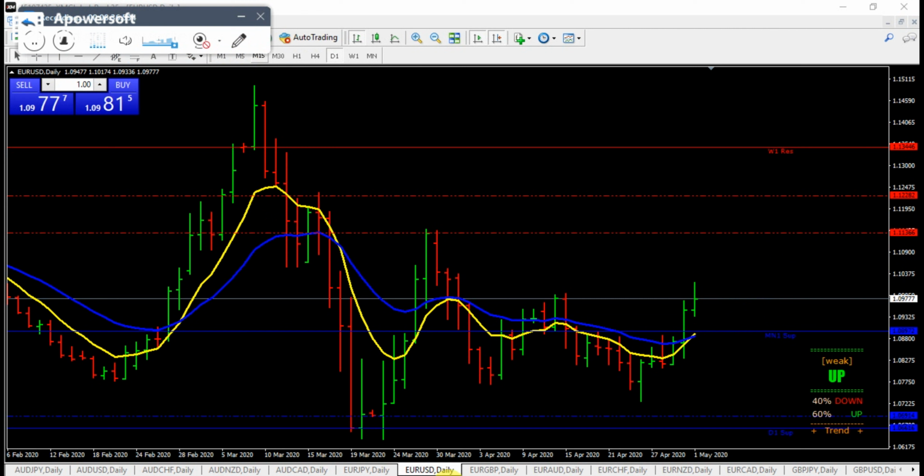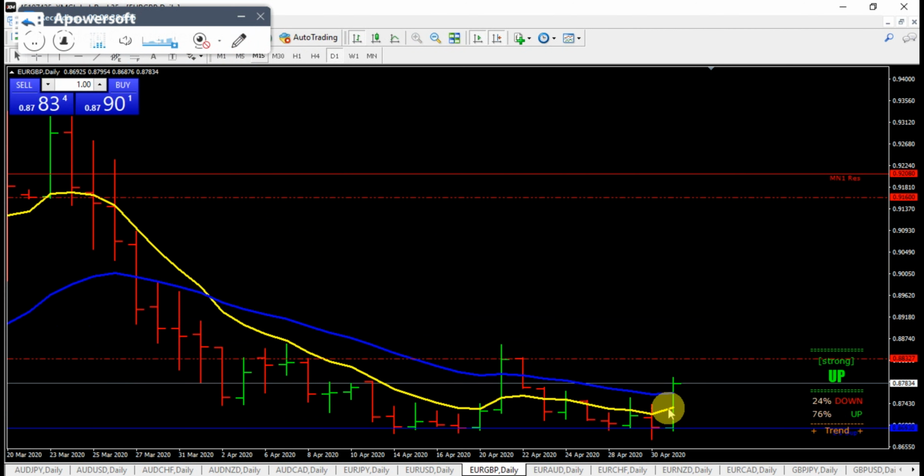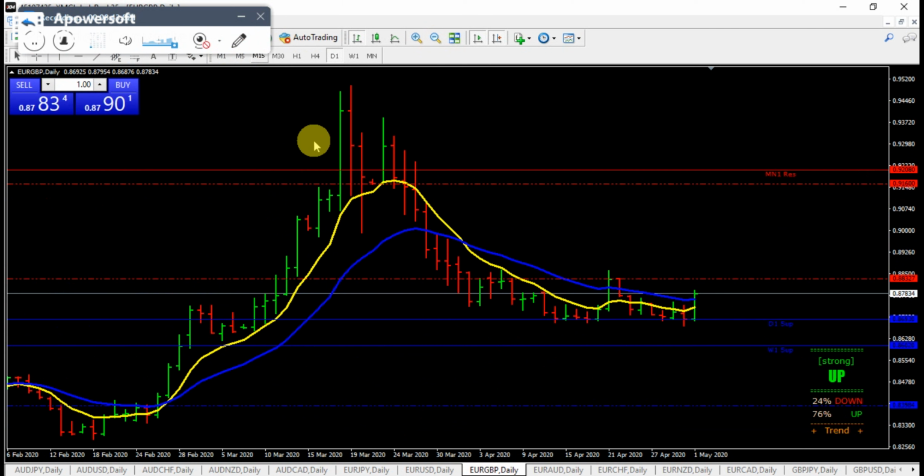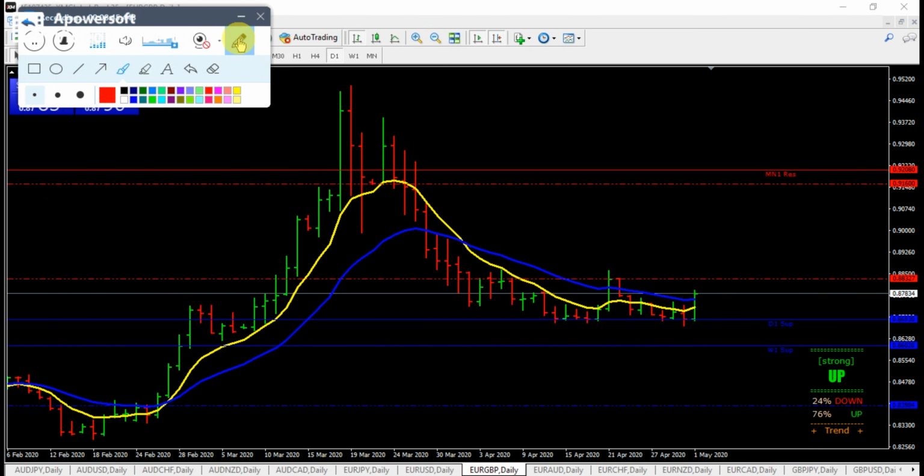So let's move to the Euro GBP. Let me zoom out. Yeah, Euro GBP was also going up last Friday. As you can see, we placed this trade when it came to our daily support level. What I will look at is when it touches my resistance level, and I will see the price action. Maybe I'm going to sell it from here.